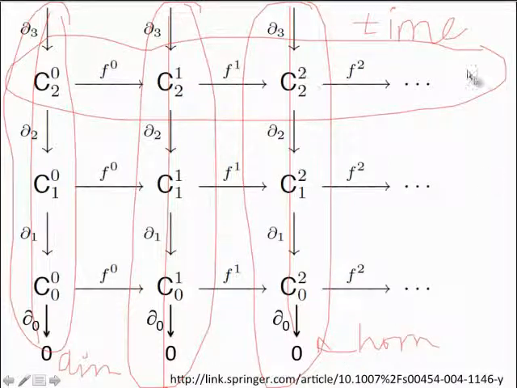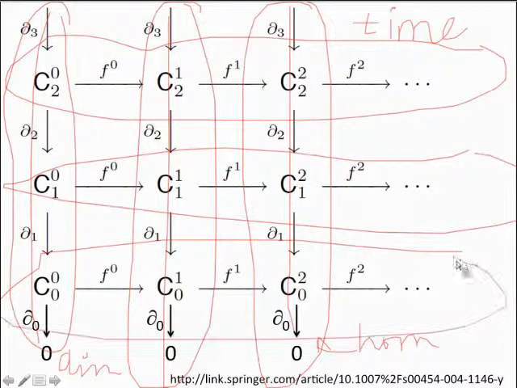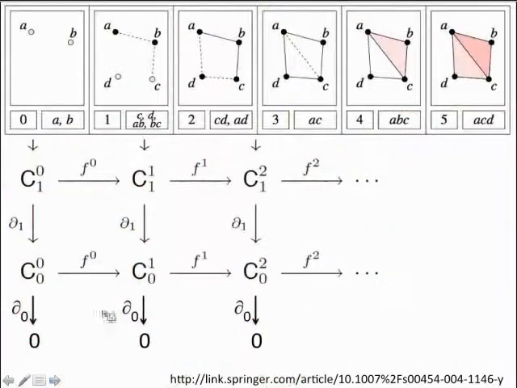But I also have my horizontal filtration, where at time 0, I was embedded into time 1, embedded into time 2, and so we also had our filtration in the horizontal direction. So in terms of my filtration, if I'm at time 0, then I can talk about my homology at time 0.